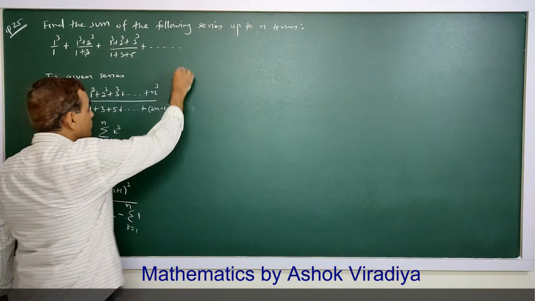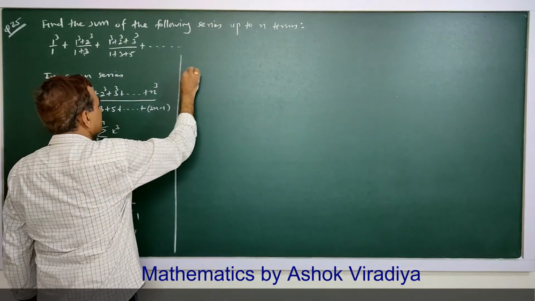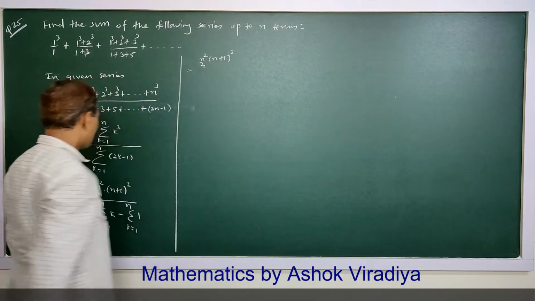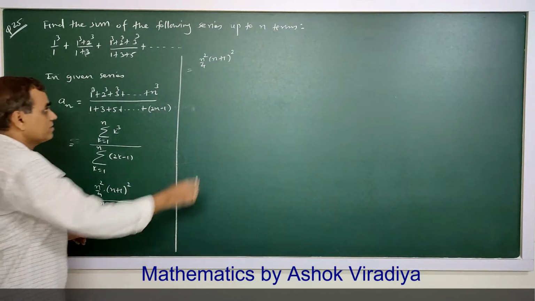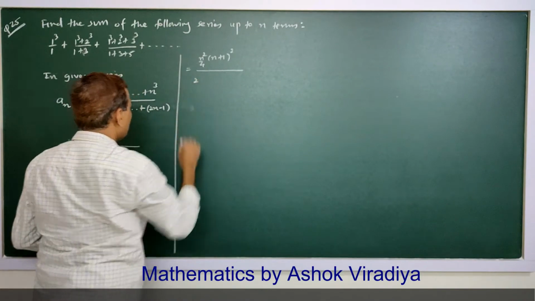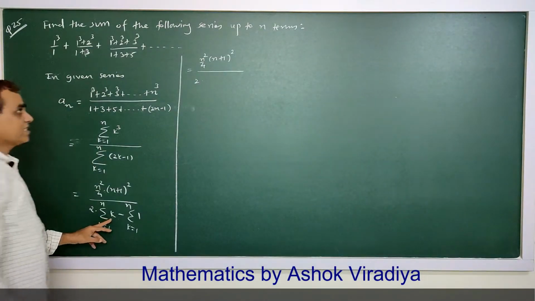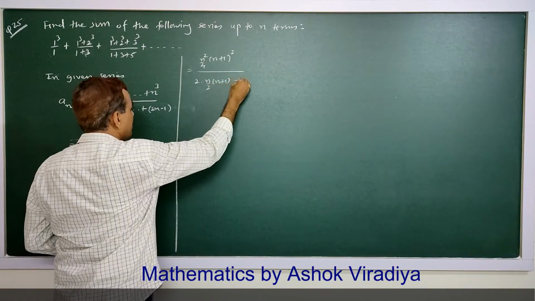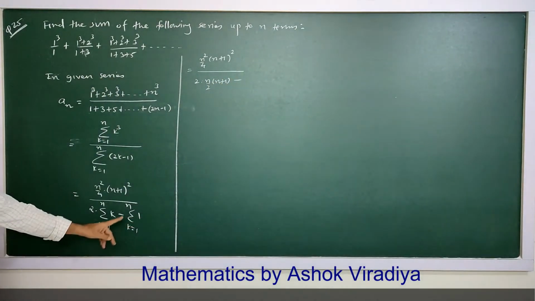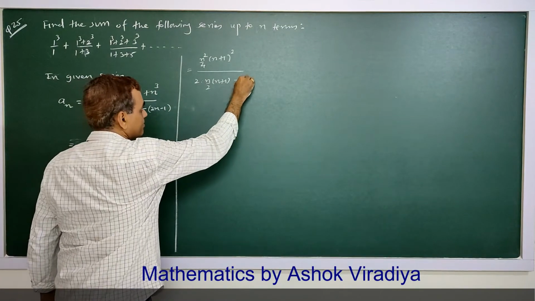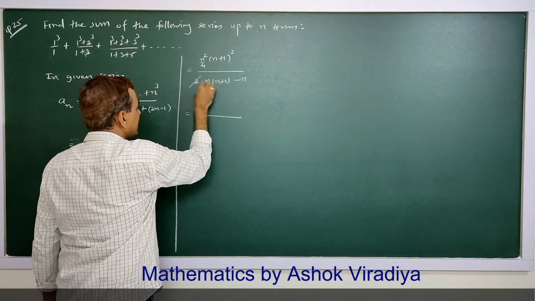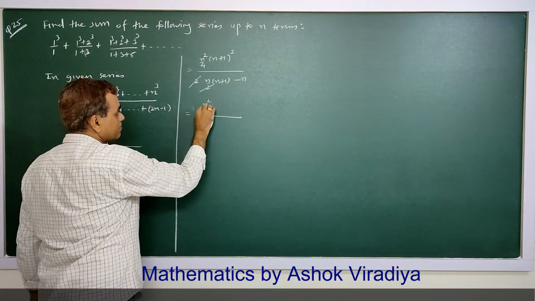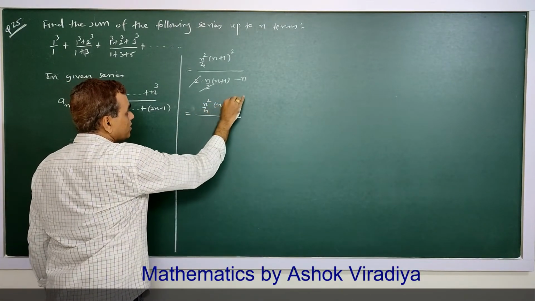So it is equal to n square by 4 times n plus 1 whole square upon 2 into, now sigma k is n by 2 times n plus 1, minus sigma 1 which is n. This is cancelled. So n square by 4 times n plus 1 whole square.